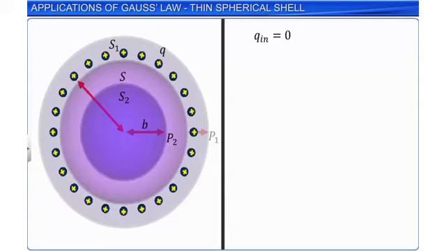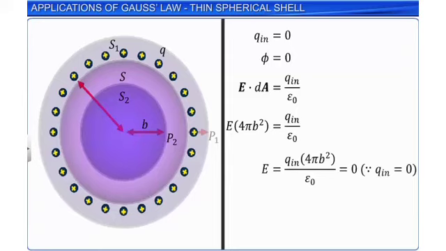Hence, net flux phi through this surface is 0. According to Gauss law, the integral E dot dA is equal to Q in by epsilon naught. Given that the Gaussian surface S2 has a surface area of 4 pi b square, and since Q in is 0 for S2, the electric field strength for any point within the Gaussian surface is 0.